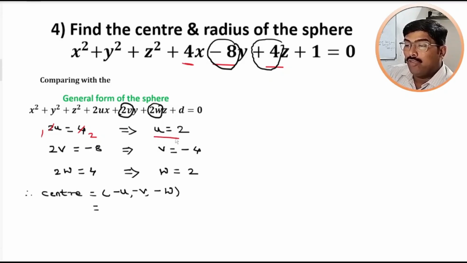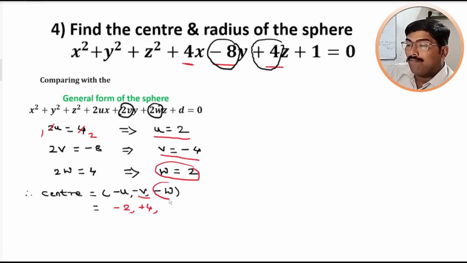The value for u is equal to 2, therefore minus u is nothing but minus 2, comma the value for v is equal to minus 4, so the value of minus v is equal to plus 4, and here the value of w is equal to 2, and here we have to write down minus w, therefore we can write it as minus 2.